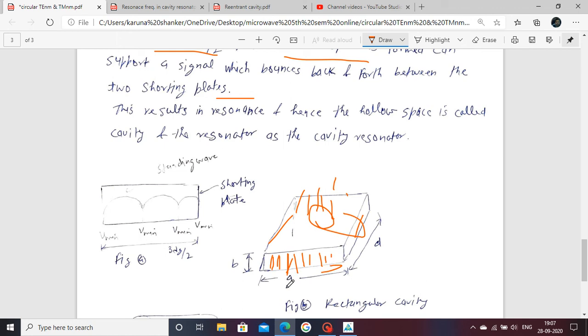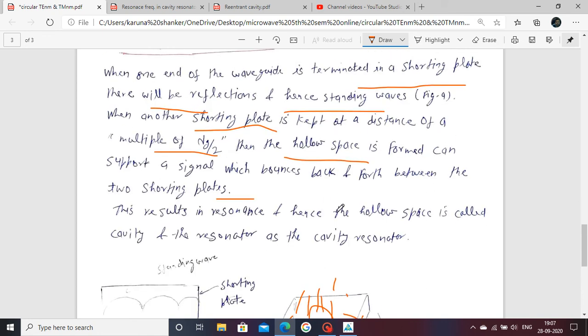Now see the dimensions. This is the width, this is the height, and this is the length. One of the important properties for resonance is the multiple of lambda g by 2.